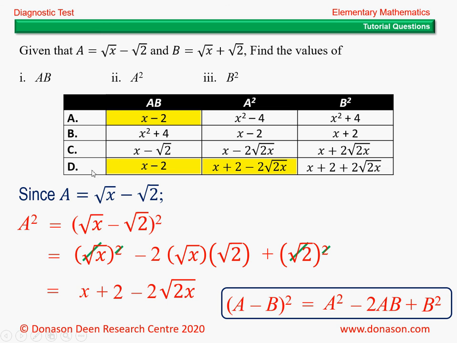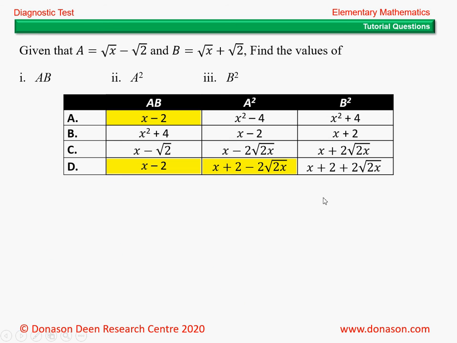Now of course at this stage we can already see that D looks like the answer. But we will evaluate b squared as well, just to be absolutely sure. So for that, a plus b squared, if you expand it, it's going to be a plus b times a plus b.